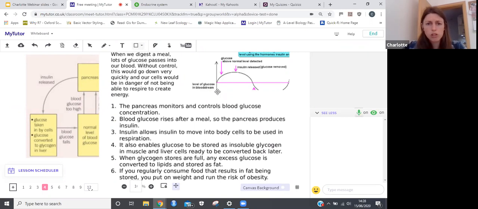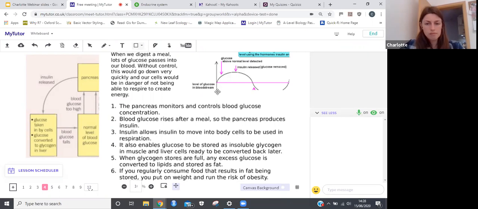The pancreas monitors and controls blood glucose concentration, so it senses the amount of glucose in the blood. After a meal, blood glucose rises and the pancreas goes, oh, lots of glucose, need to store that. So it produces insulin. Insulin is a hormone, a chemical, so the pancreas releases that into the blood.